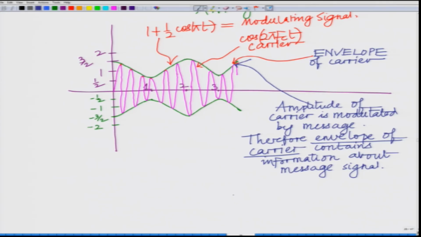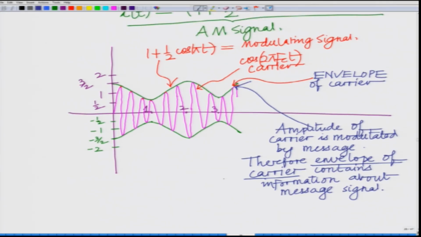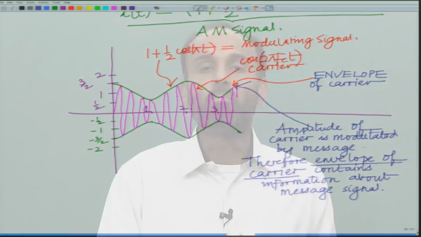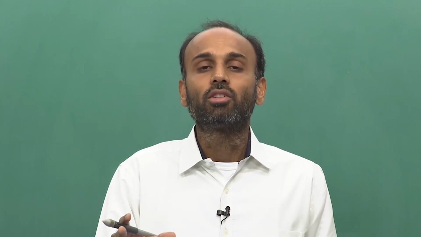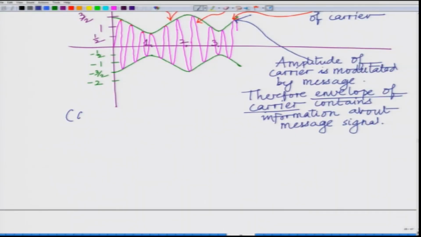And further, if you look at this, we have implicitly assumed, and this is true of all communication systems, that the carrier frequency is much larger. For amplitude modulation or for any communication system to work, we need the carrier frequency to be much larger than the message frequency. So, the carrier frequency Fc is typically much larger than the message frequency Fm.